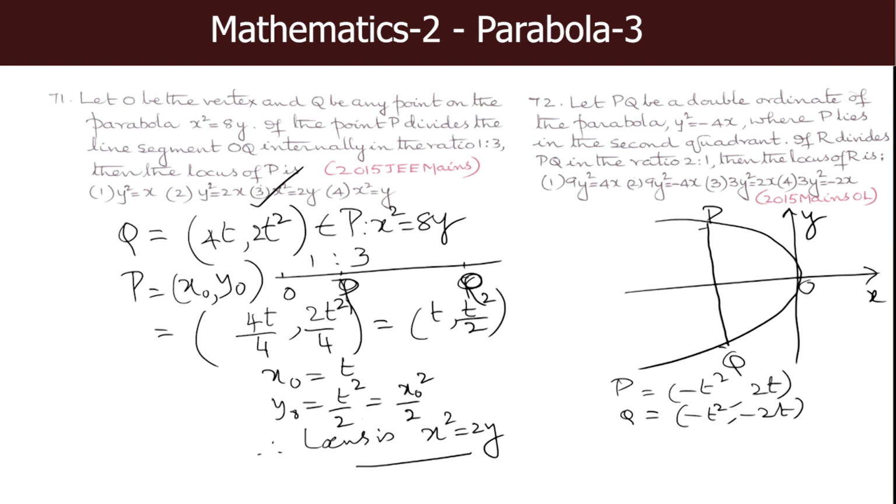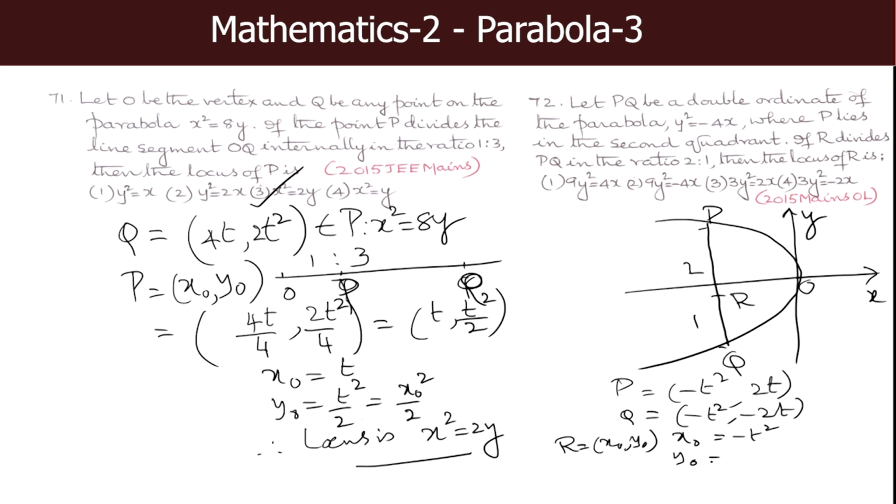R divides PQ in the ratio 2:1. X naught for R lies on the double ordinate through P, so the x coordinate of R is the same as the x coordinate of P and Q, that is minus t square. There is no need to apply the section formula.